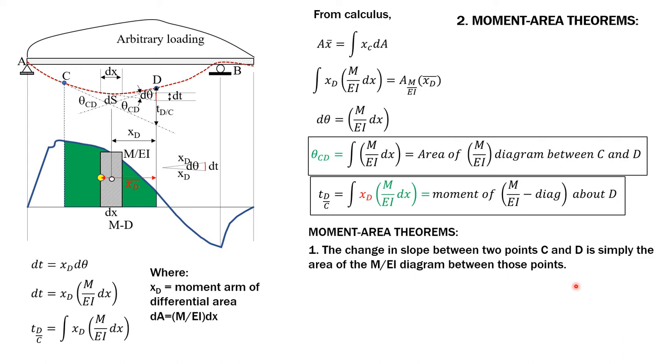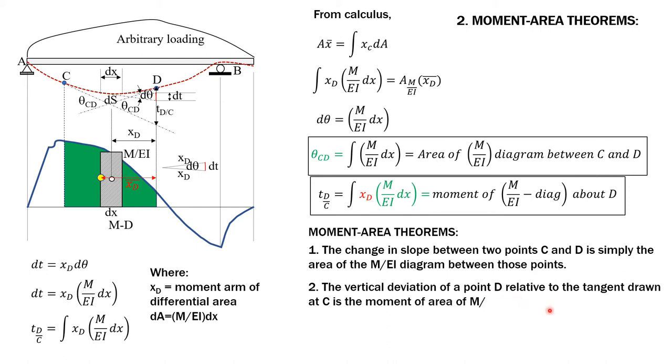Otherwise, it is negative. And the second theorem is that the vertical deviation of a point, let's say D, relative to the tangent drawn at C, is simply the moment of area between those points C and D with respect to point D.